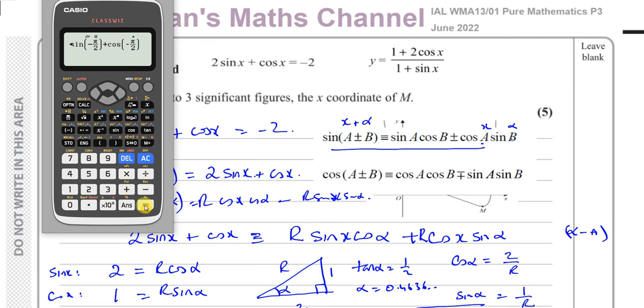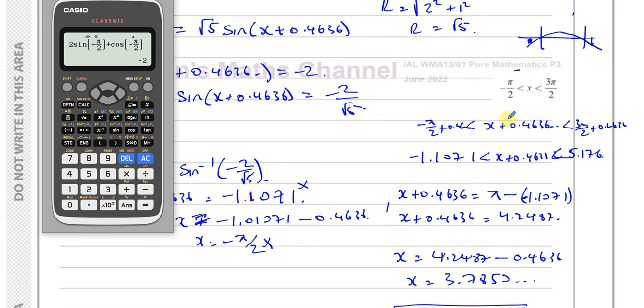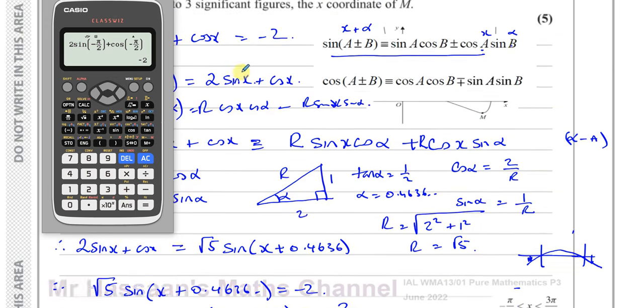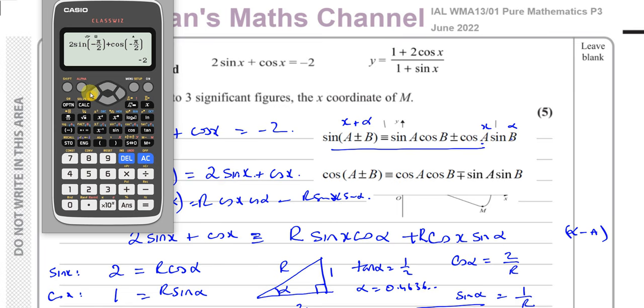Now if we're correct, this will give us negative 2 as an answer, and it does, so we're correct. However, we can't include this answer because our limit was x must be greater than negative pi over 2. So this answer would have been rejected, as we did reject it, because it's right on the limit. So you've got to be careful that it doesn't have the equal sign.